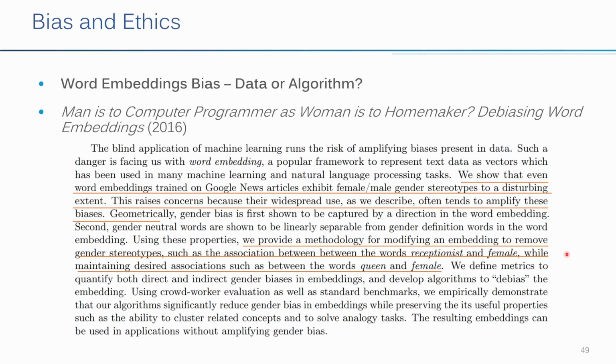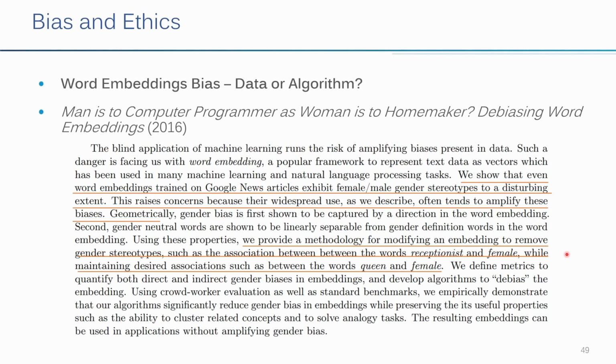If you take a look at this, you also see another paper going in a similar direction, saying that, hey, we show that even word embeddings trained on Google News articles exhibit female-male gender stereotypes to a disturbing extent. This raises concerns because their widespread use, as we described, often tends to amplify these biases.